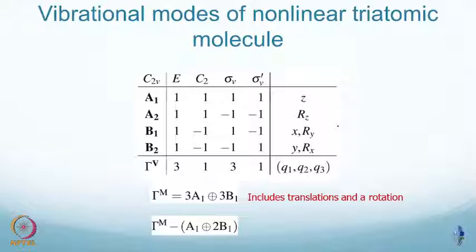Rotation about y axis, is that right? Rotation about y axis and translation in the xz plane. So, translation along x direction, if you look at this character table and these basis functions, is similar to the B1 irrep. Translation along z direction is like an A1 irrep.